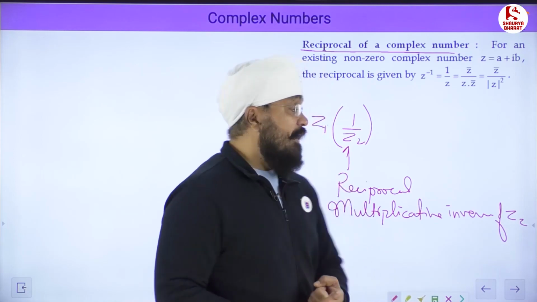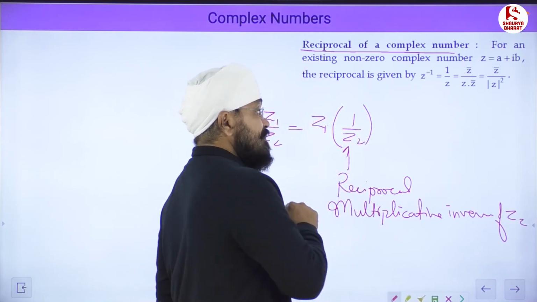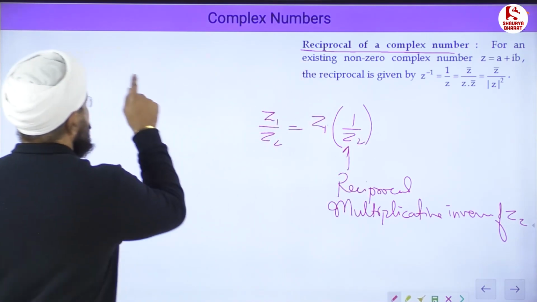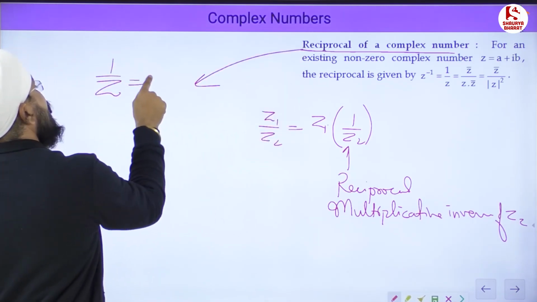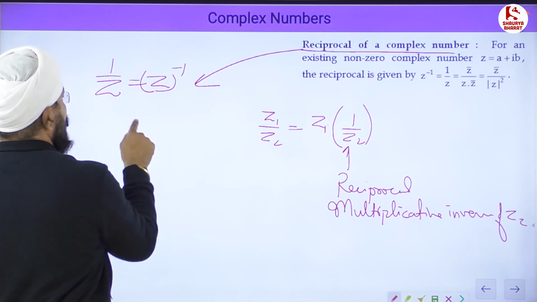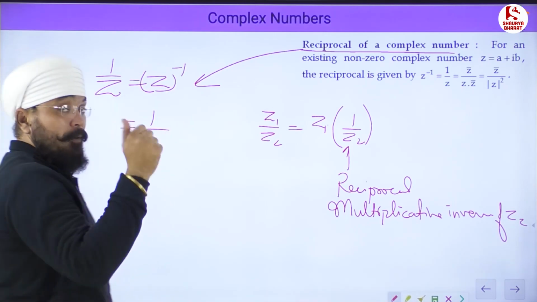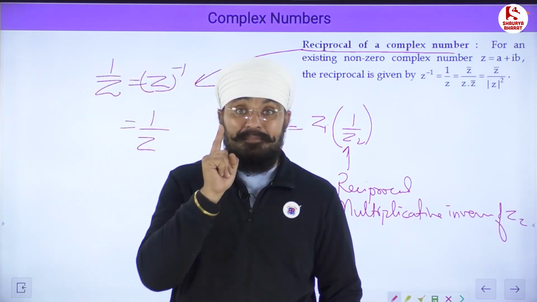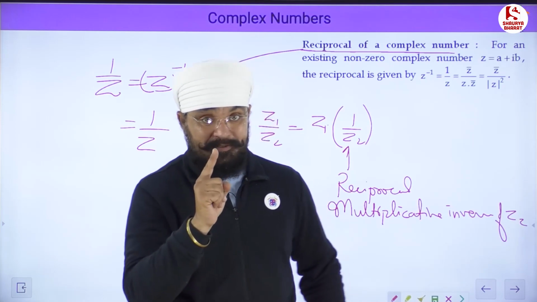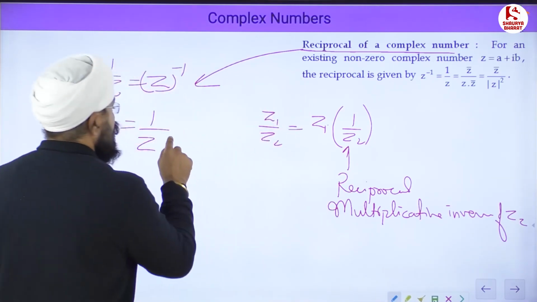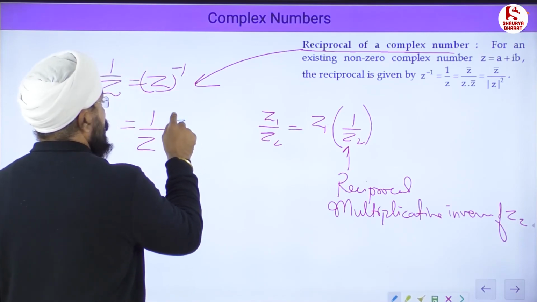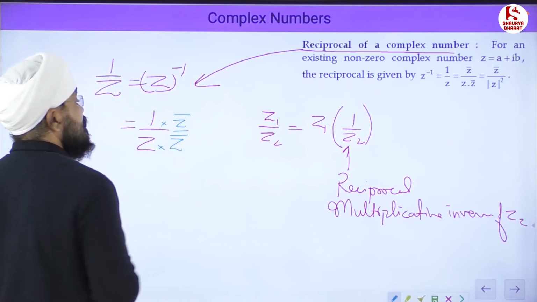So, we should know the technique of finding the reciprocal. Already we have studied that we have to rationalize the denominator. The reciprocal of a complex number is 1 upon Z. It is also written as Z to the power minus 1. Using the property that a complex number multiplied by its conjugate gives a real number, I multiply numerator and denominator by Z bar.